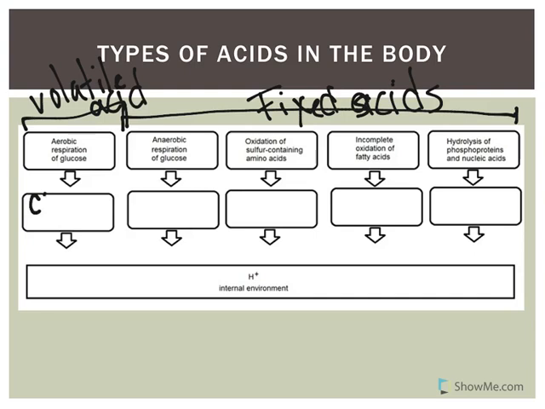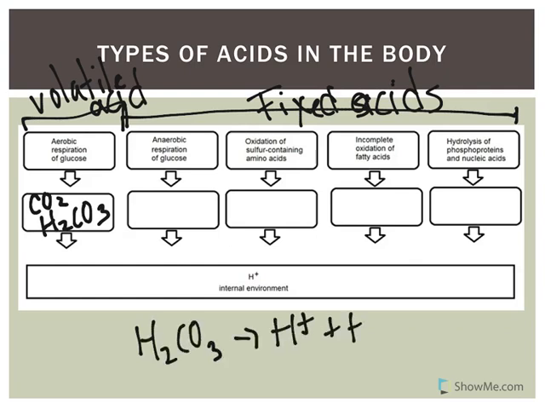And I'm going to write that here. But the acid, you're like, there's no hydrogen ions here. Well, carbon dioxide can combine with water to form carbonic acid. So carbonic acid can dissociate into hydrogen ions and bicarb.